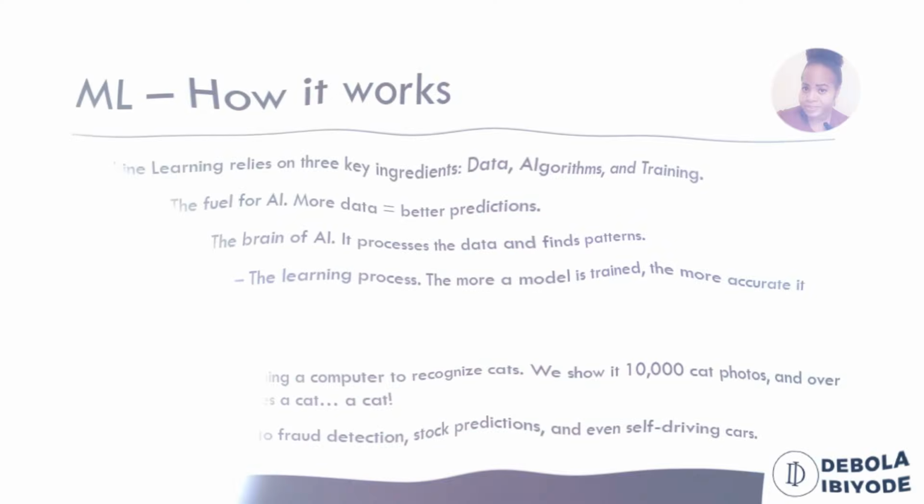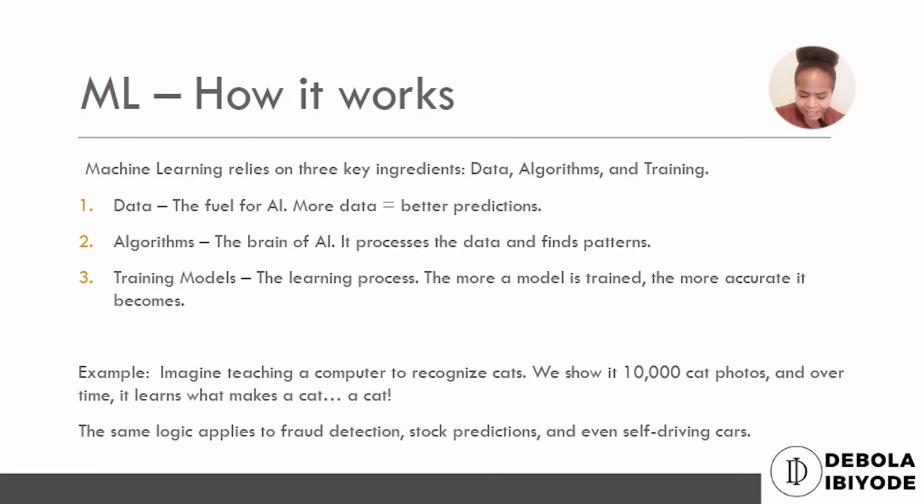The second key ingredient is algorithms. Now, if data is the fuel, the algorithm is the brain of AI. Remember I said in teaching the machines how to learn, we use learning tools, right? These tools are the algorithms. It's the algorithms that enable the machine, or system, if that's easier to grasp.